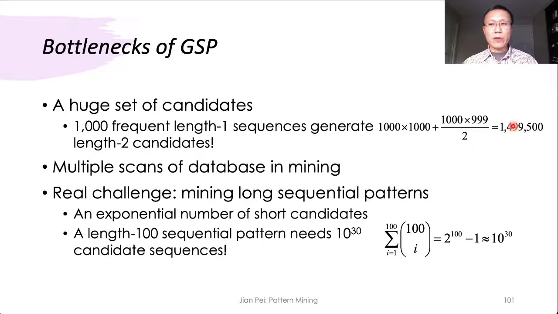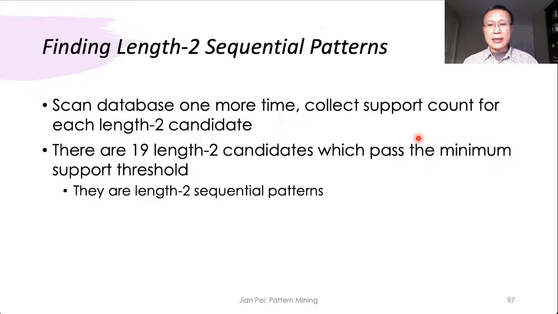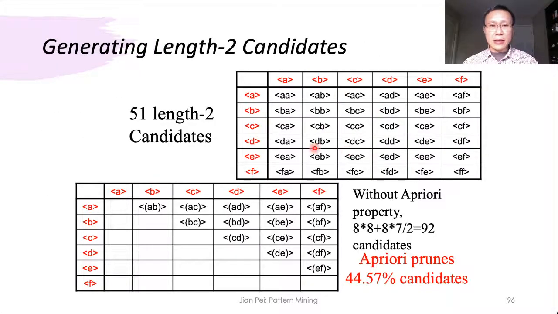Why this 1.5 million? Because this 1000 times 1000 is the candidates in this set, this combination. And the other almost half million are from this combination within one element.